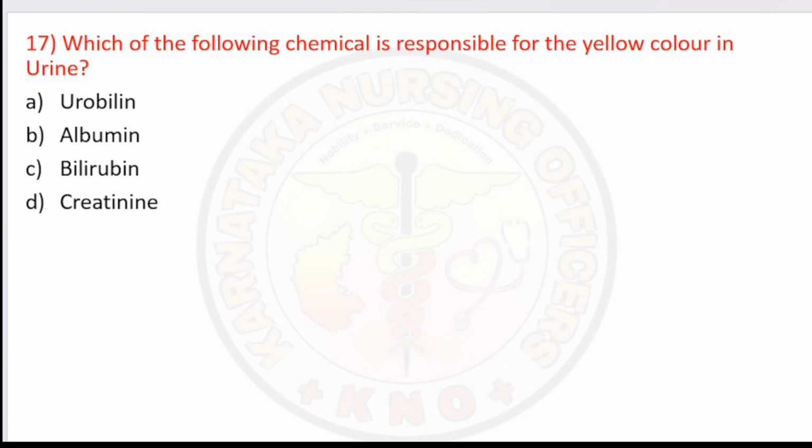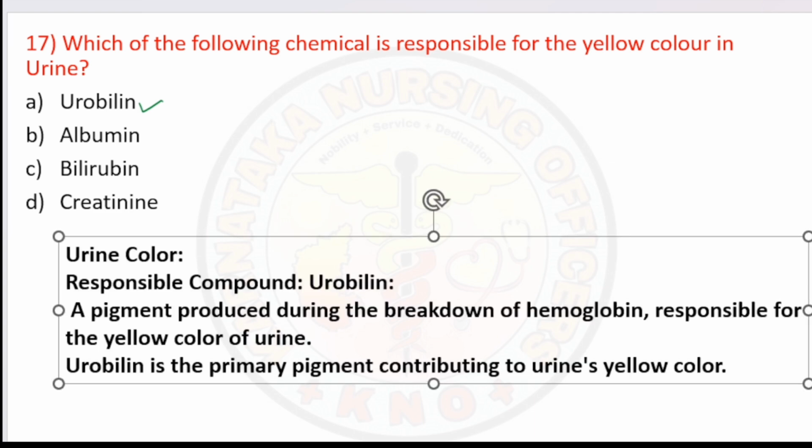Which of the following chemicals is responsible for the yellow color in urine? The options are urobilin, option B, albumin, option C, bilirubin, and option D, creatinine. The correct answer is option A, urobilin.